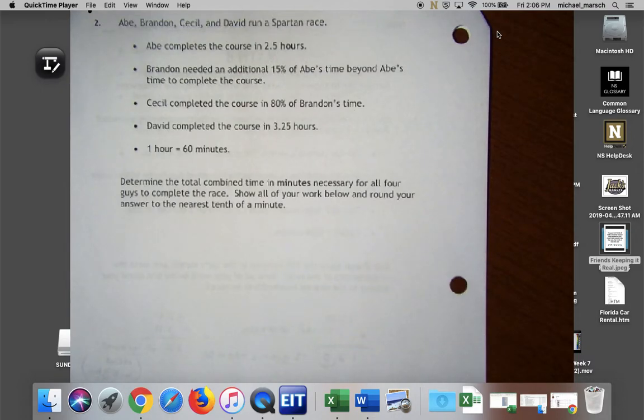So we know Abe's time, and we know David's time. We don't know Brandon's time yet, and we don't know Cecil's time, but we know how they relate to the other times, right? So let's look down at the bottom where it says determine the total combined time in minutes.